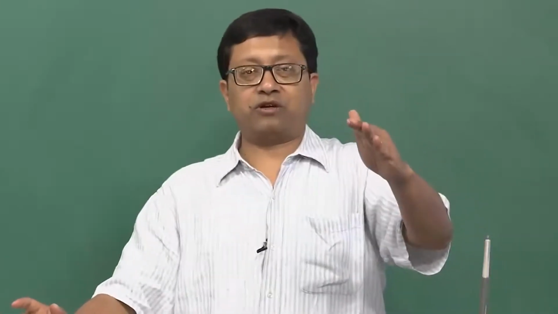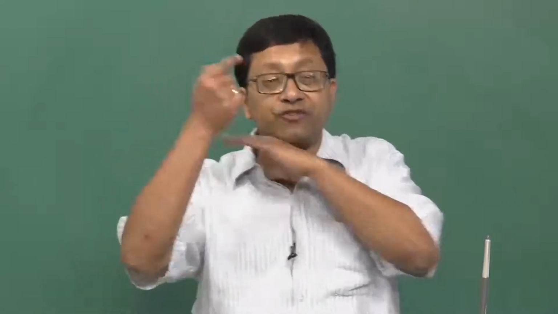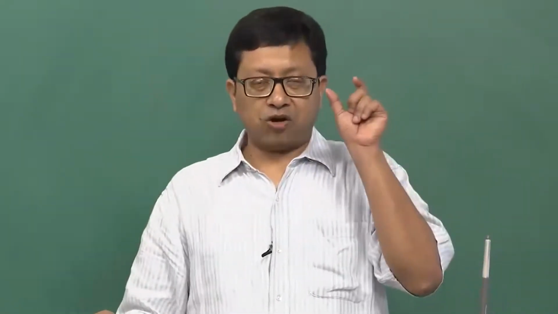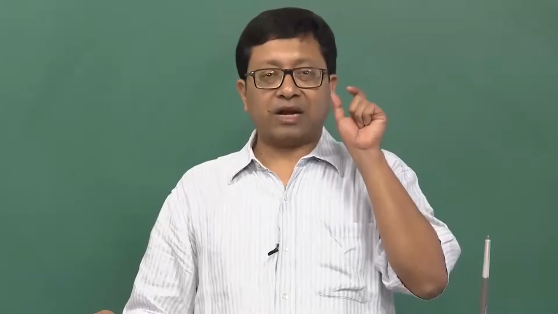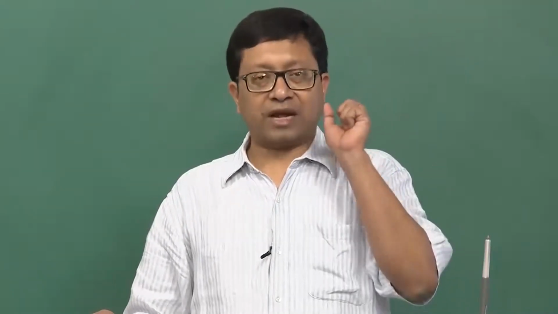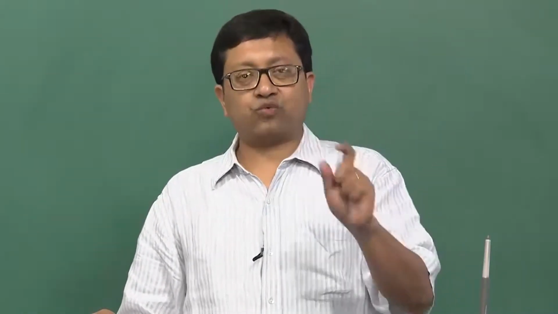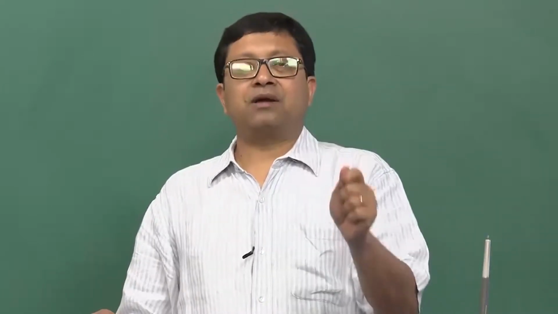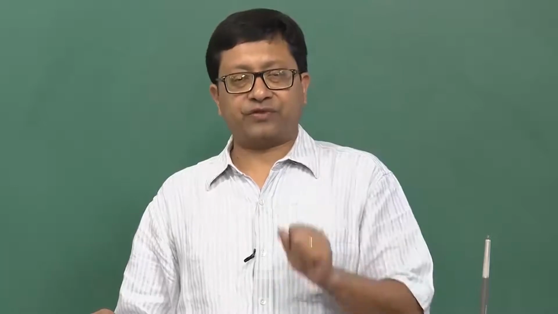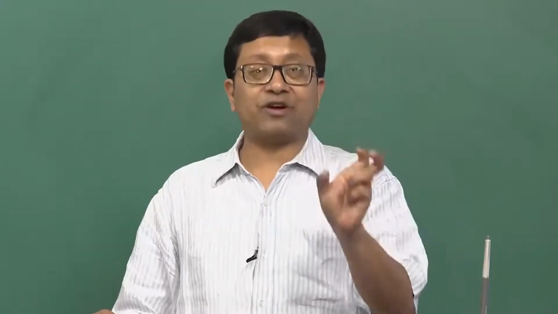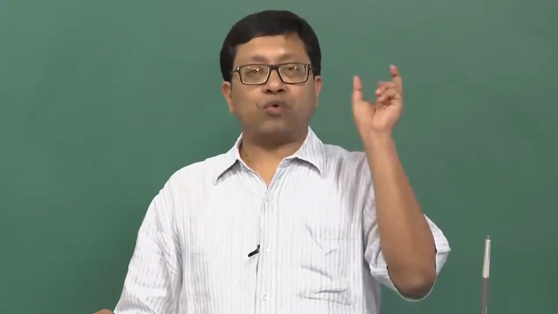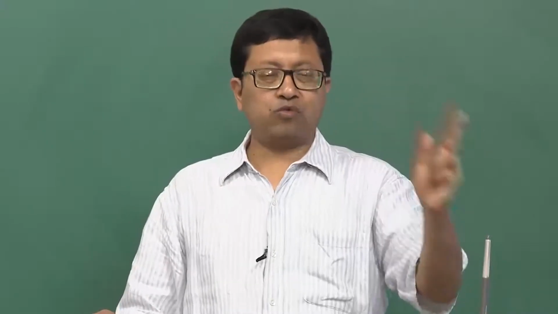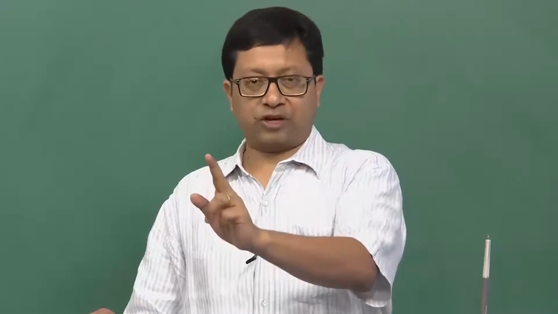So, what is x1? It will be the 21st reading. So, beta naught hat plus beta 1 hat multiplied by x1, which is the 21st value, plus beta 2 hat multiplied by x2, which is the 21st value, will give me the y hat value for the 21st value. So, y actual for the 21st value minus y hat for the 21st value would give me the error for the 21st value.